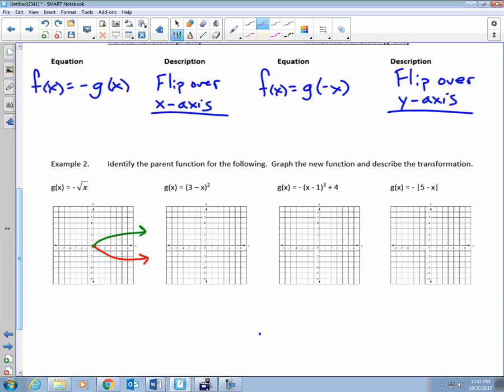So here's what I'm trying to tell you. First of all, is there a horizontal shift? Yes. What would you plug in to get 0? 3. So therefore, we move 3 units to the right. Second of all, when you square it out, when you FOIL it out, are you going to end up with a positive x squared or a negative x squared?